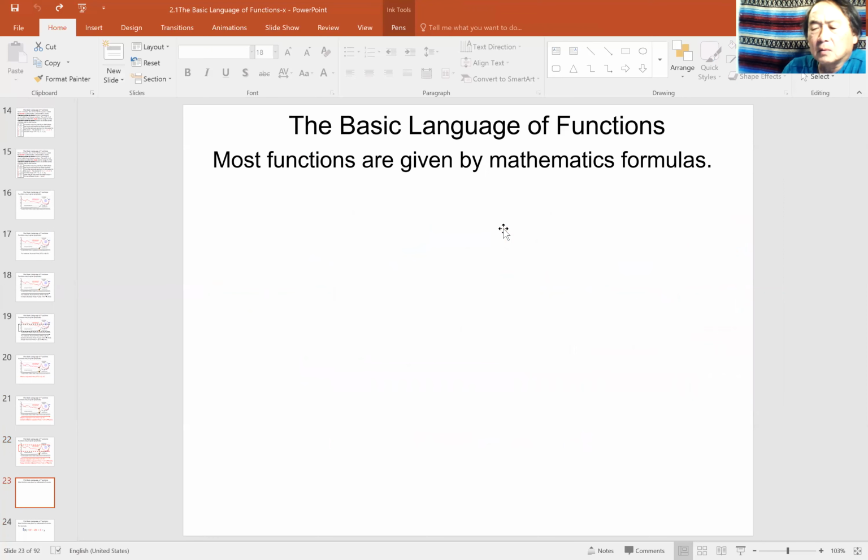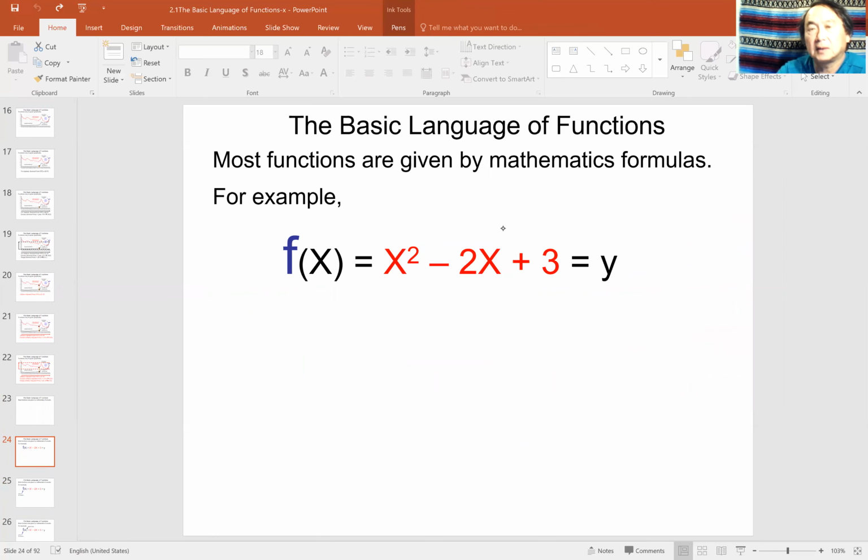But since we are interested in functions in mathematics, which are formulas, the notation is given in this manner. Let me break it apart. In this case, f is the name of the function. On a paper, there might be many formulas, and I want to talk about different formulas. There's this formula f, and there might be another formula that looks different. Instead of writing the formula down over and over, I'll give it a name: f, g, h. So this is formula f.